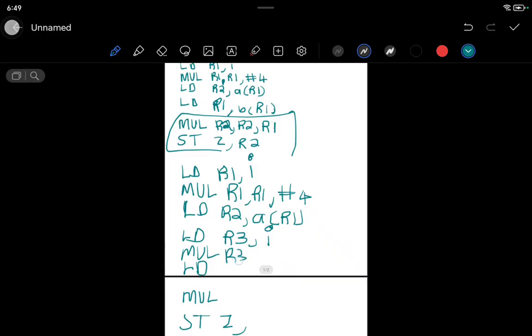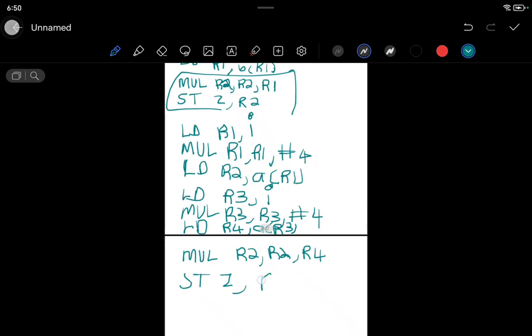Then this is going to be R3, hash 4. Then I load into R4, A, R3. We say, right? Then now when you come to multiplying, I want to multiply. Remember here X is R2, Y is R4 in this case, right? I want to multiply and R2 comes first. I want to multiply this, multiplying R2 with R4. Then I take the contents of R2, I put them there.